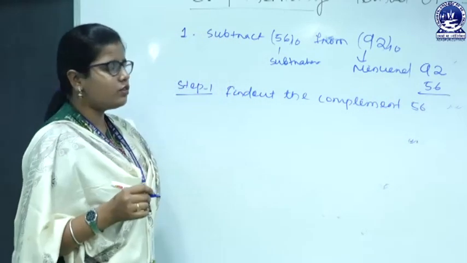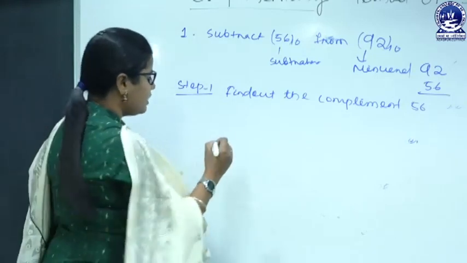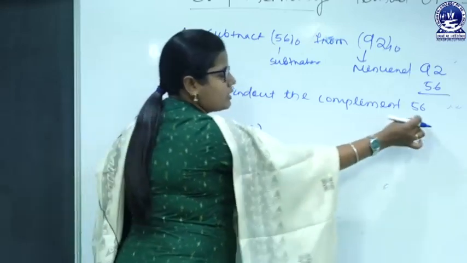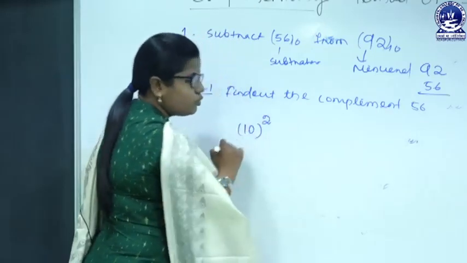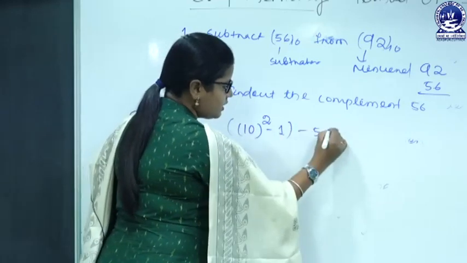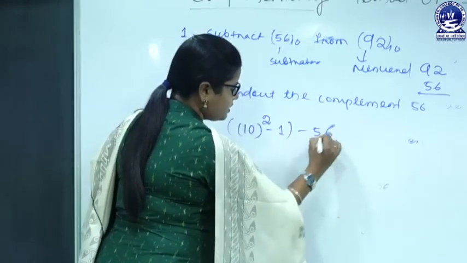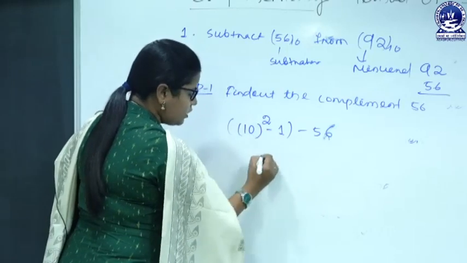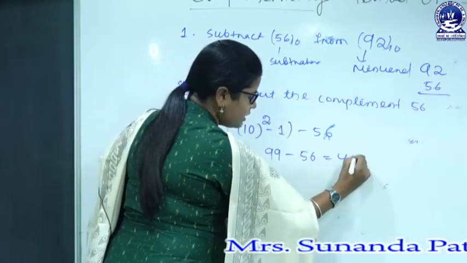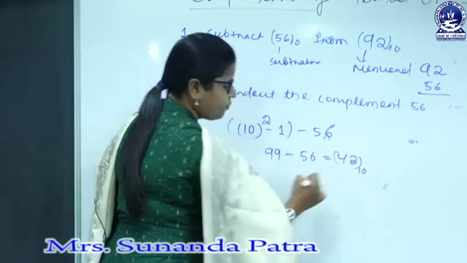How to find the complement of 56? There is the base, that is 10, to the power of the number of digits. There are 2 digits, so 10 to the power 2 minus 1, minus 56. So 100 minus 1, that is 99, minus 56. What is that? 43.